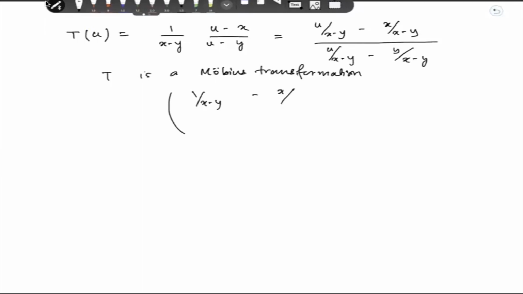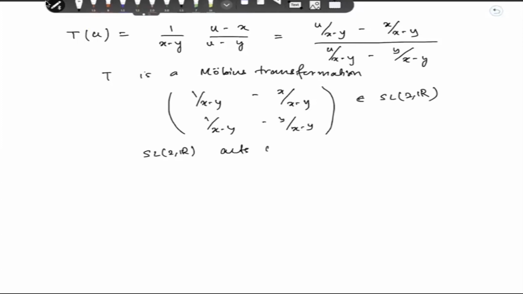If I take this matrix, it belongs to SL2R, and this SL2R acts on the upper half plane by isometries.